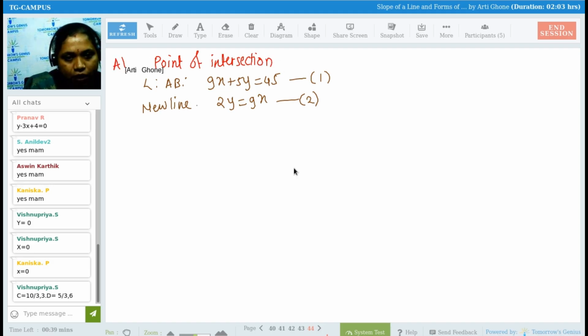This is assisted practice 1 question, extra page is inserted. So new equation, point of intersection. So solve 1 and 2.